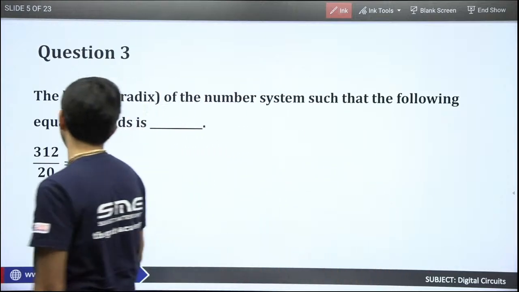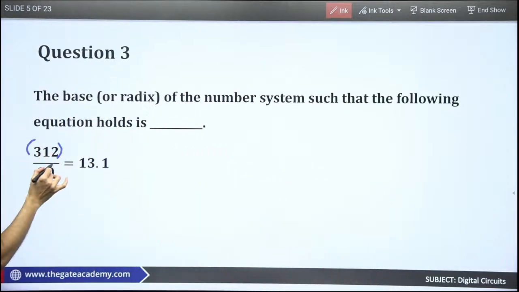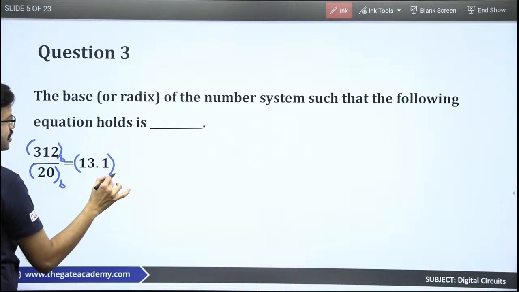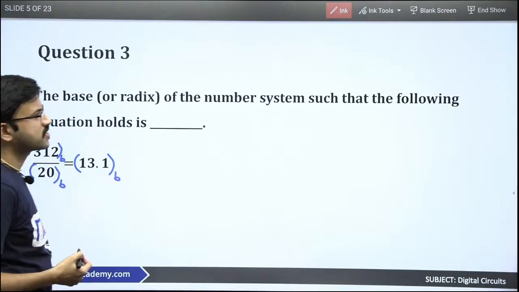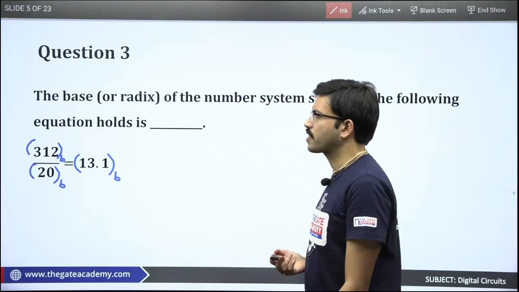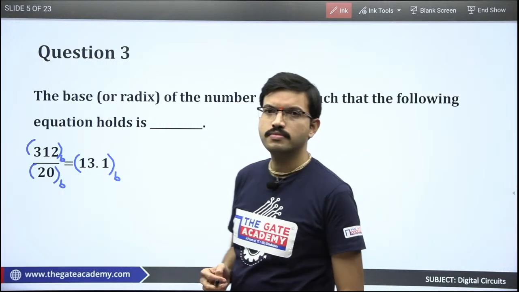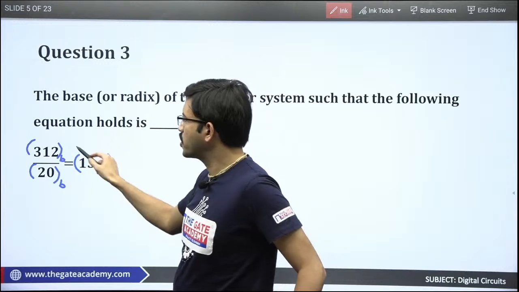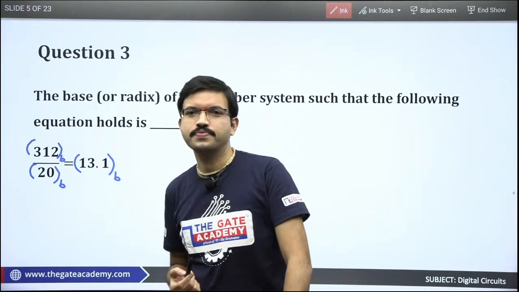Whenever they don't mention what the base is, you can assume any letter. If you want, you can assume letter B or letter R or X. Any letter you can use. Sometimes they will specify in the equation, sometimes they won't specify. You can assume any base. That means the unknown you can represent with any letter.